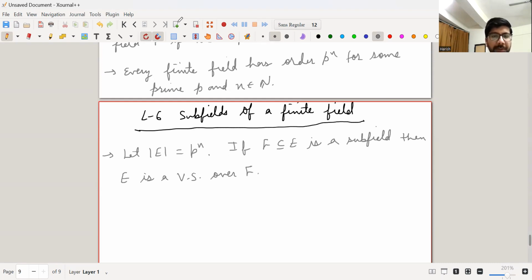Because F is a smaller field and E is a larger field, so E is going to be a vector space over F, and it's a finite dimensional vector space.